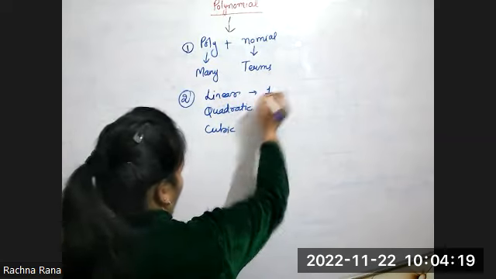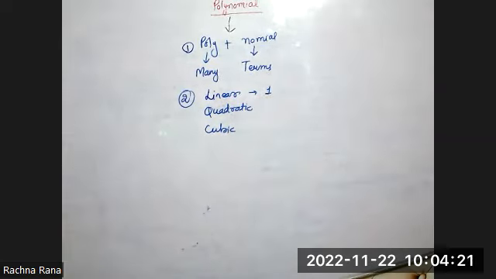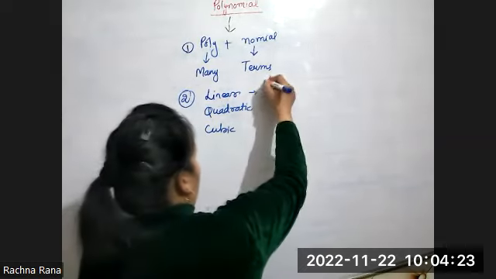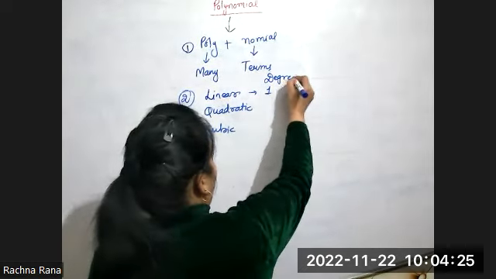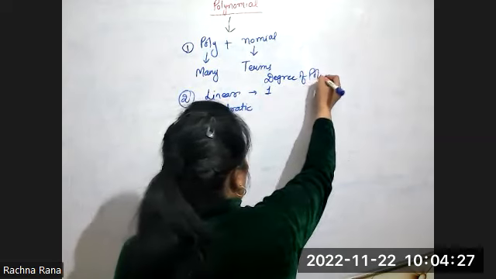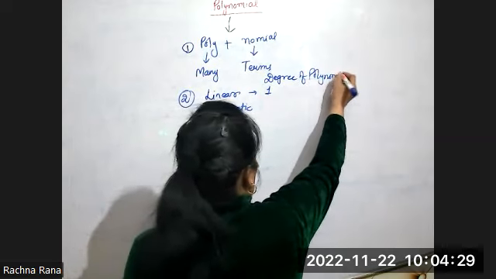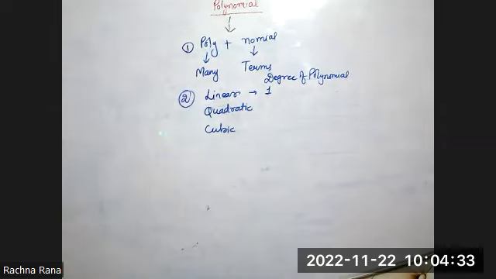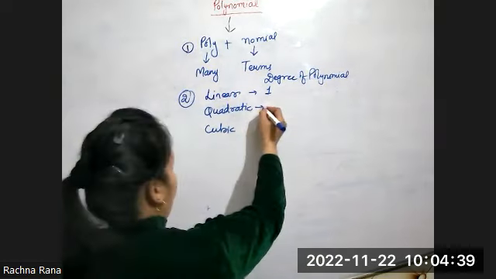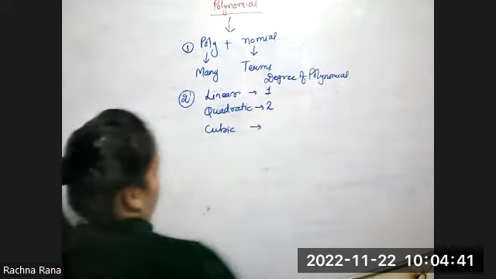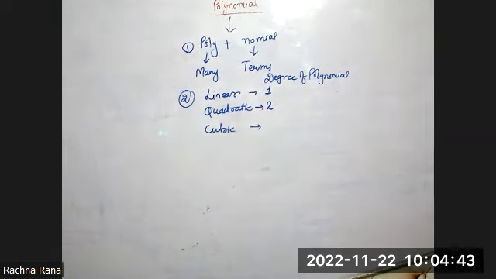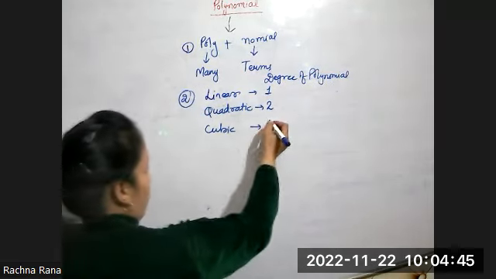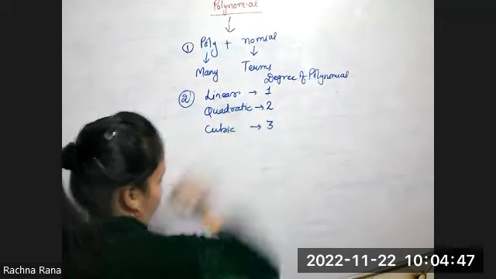For linear, the degree of the polynomial is 1. In the case of a quadratic polynomial, the degree will be 2, and in a cubic polynomial, the degree will be 3.